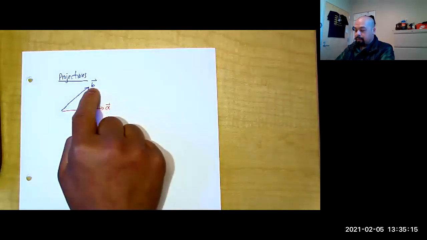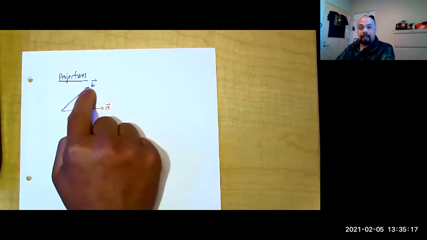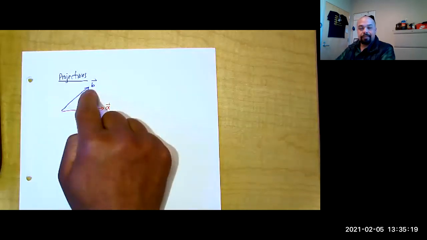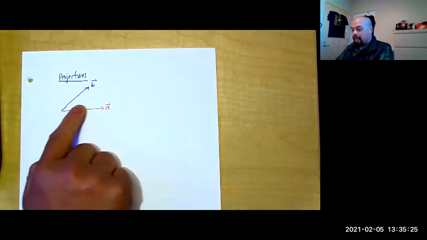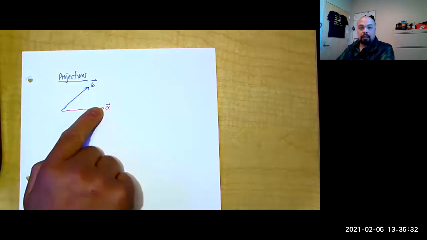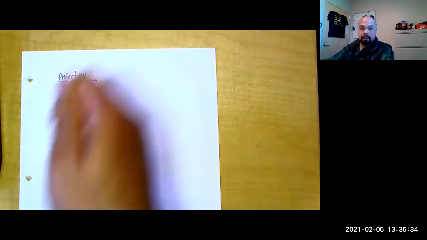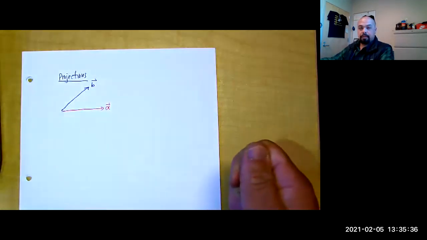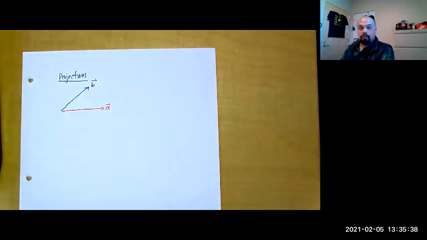Vector B is the force being applied, like pulling a wagon. As we're moving in the direction of vector A, only some of that force is actually being applied in the direction of A. Some of it is being lifted upwards, some to the side, to get that resultant total force.